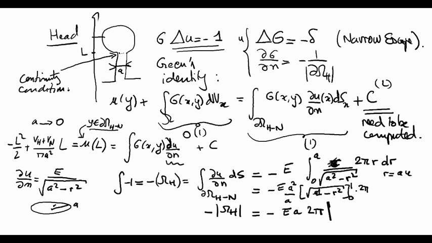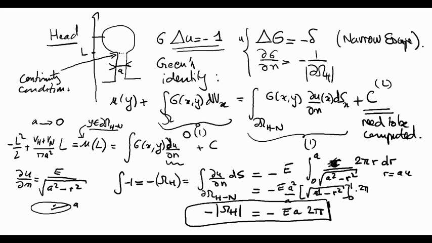So this gives us exactly the value for E that we need, and that's the flux. Now we have to plug this into 1, so let me write it again, minus omega h equals E minus E A 2 pi. Now we need to calculate this, so let's do that in the next slide.